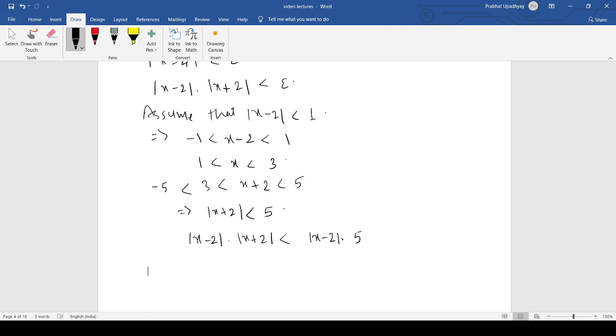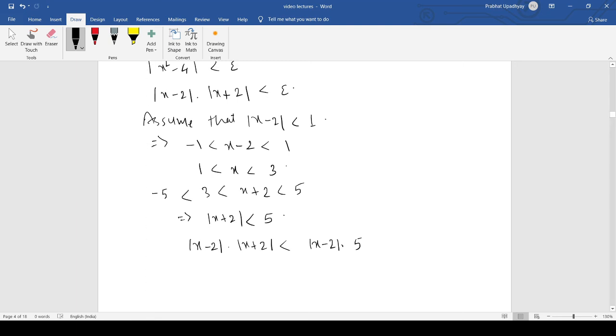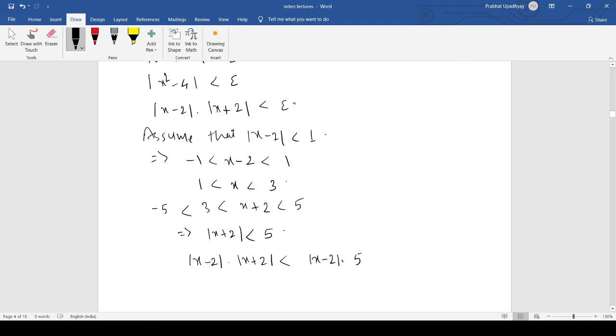Now again come back to our need, what we wanted. From here you want mod x minus 2 into mod x plus 2 to be less than epsilon, but mod x minus 2 into mod x plus 2 is less than 5 times mod x minus 2.